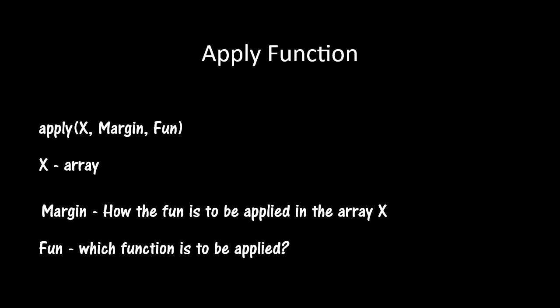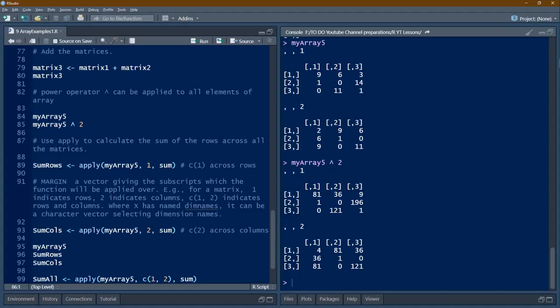It is to be applied across rows or across columns or both rows and columns. So here when you say 1, it means across rows, and sum is the function. So we want a sum of all the rows in myArray5. That is the meaning of this whole function, and this function result we are keeping in sumRows.